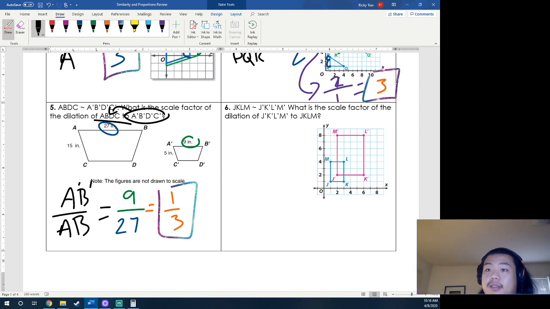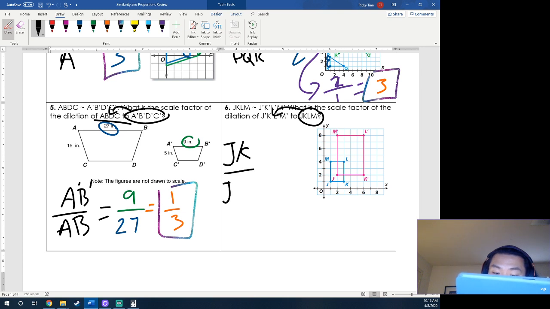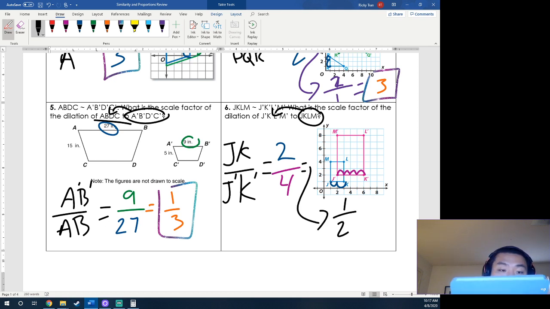So number 6. Okay. Again, this time it's going to be this over that. So let's go J K over J prime K prime, which is equal to JK, which is down here, 1, 2, or 2, over 1, 2, 3, 4, or 4, which is basically 1 over 2.